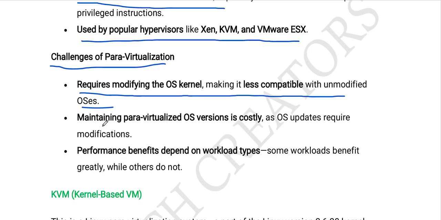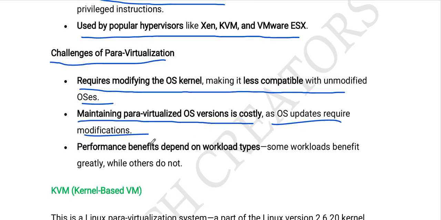Maintaining para-virtualized operating system versions is costly, as it is not cost efficient, and an OS update is required for modification.